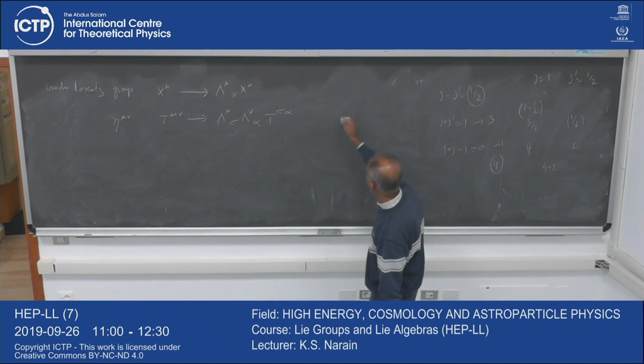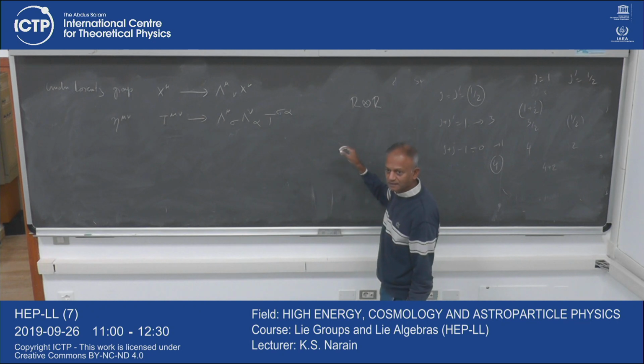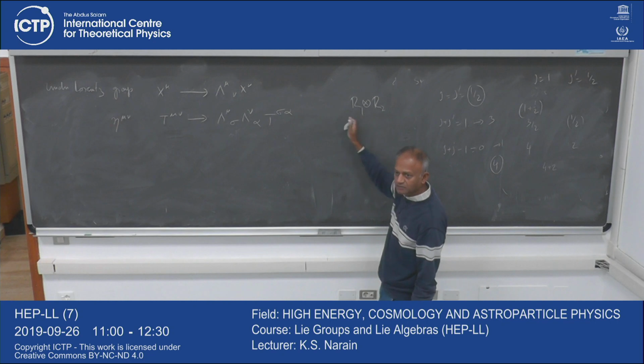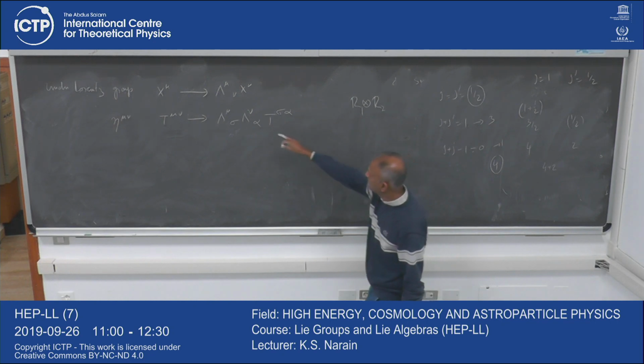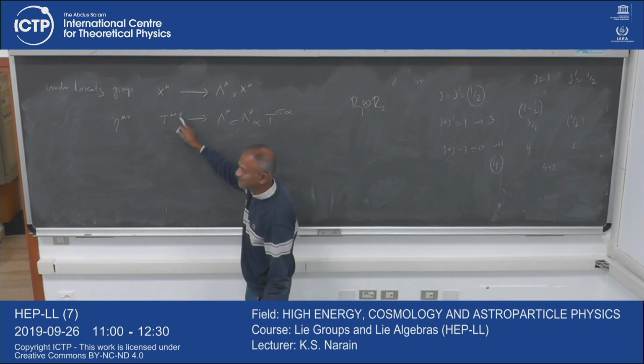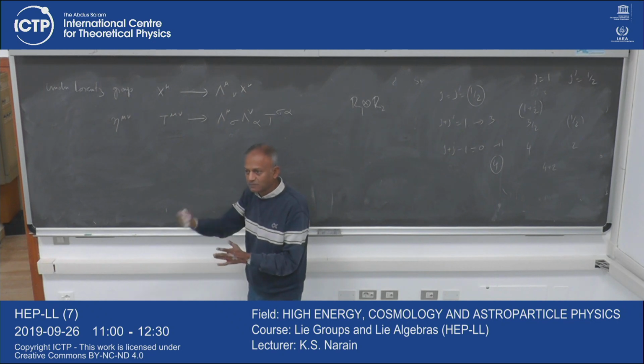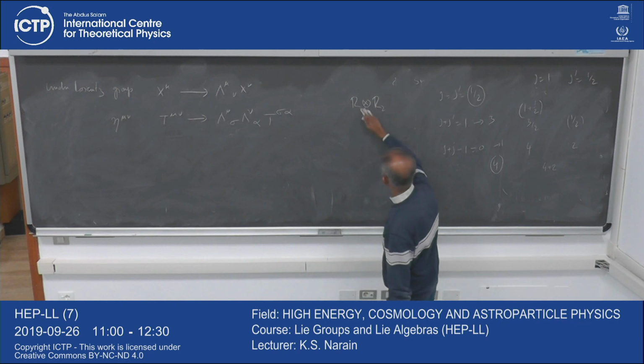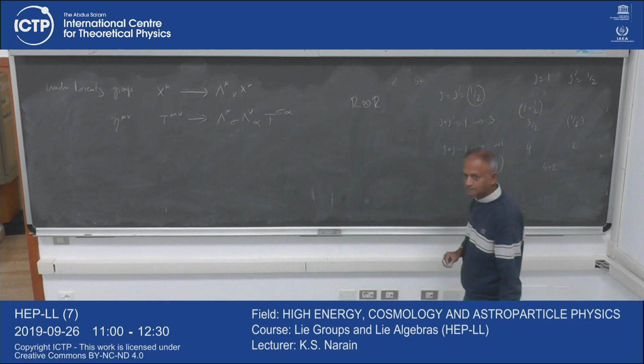So this is like taking R times R representation, whereas there we were considering the more general R1 times R2, which need not be the same representation. But now when we talk about a tensor, all of these indices are on the same footing. They transform in exactly the same way.